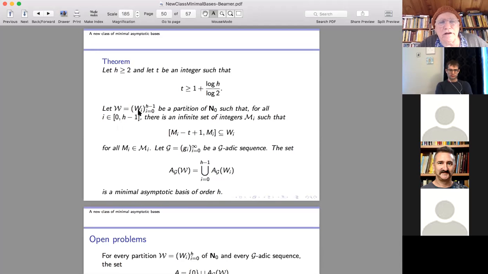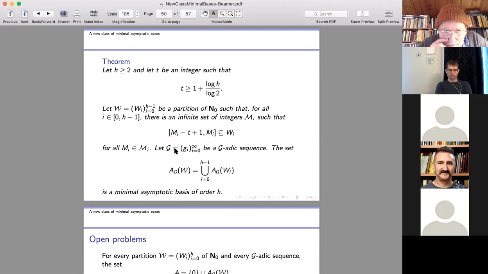And not only does each set contain an interval of t consecutive integers, each one of these sets contains infinitely many intervals of t consecutive integers. So for each i, there's an infinite set M_i, and for every number m in this set, the interval of consecutive integers from m minus t plus 1 up to m is contained in W_i.